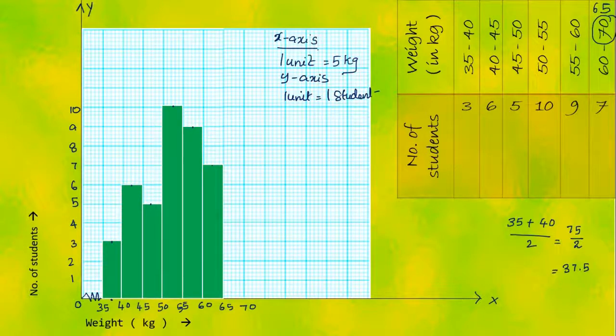We should start somewhere here before 30 and after 0. Somewhere here we are going to draw a straight line segment joining this point to the middle point of the first class interval. Let's draw like this. Again, we are going to consider the next two markings: the middle point of the first class interval and the middle point of the second class interval.